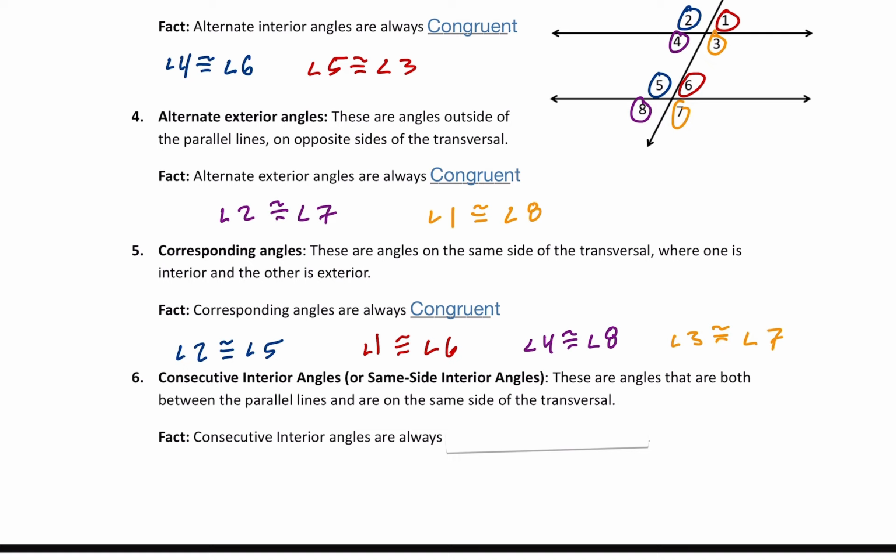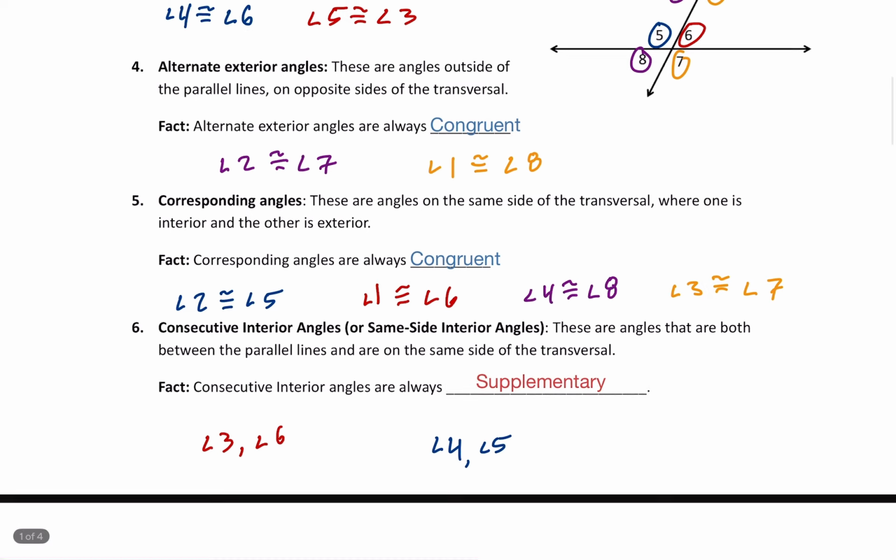So I can write that here, angle 3 and angle 6, but also it could be like angle 4 and angle 5 over here. They're inside and on the same side of the transversal. So angle 4 and 5. The reason I didn't say they're congruent is because consecutive interior angles aren't always congruent, but they are always supplementary.